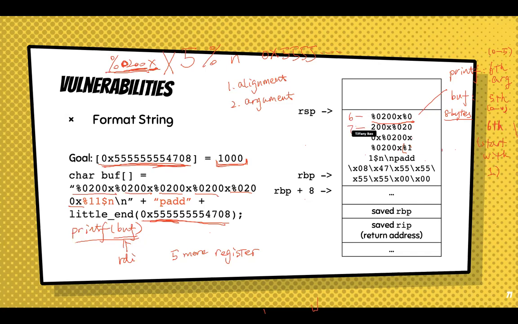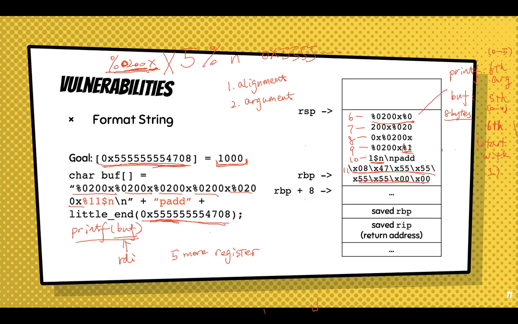And then this is the 7th. This is the 8th. And then this is the 9th, right? And then this is going to be the 10th. And the next thing for me is, okay, I know that this address is not aligned. Let me align this first. That's why I put this address here in the 11th, because I realized that this is the only location where I can put this address and also have this specifier inside my format string.